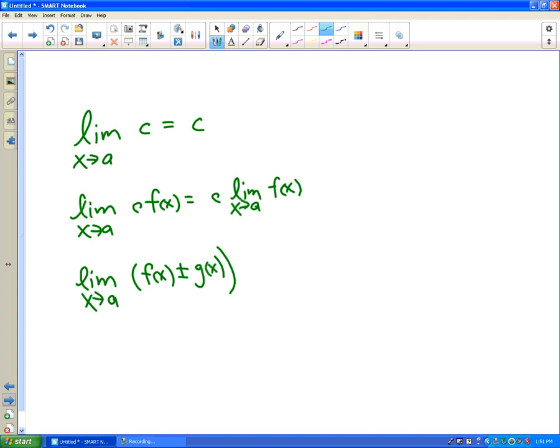If I'm taking the limit of two functions that are being either added or subtracted, that's the equivalent of taking the limit of the first function and adding or subtracting it to the limit of the second function.